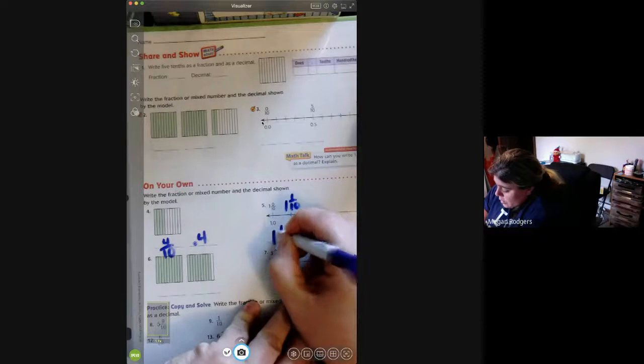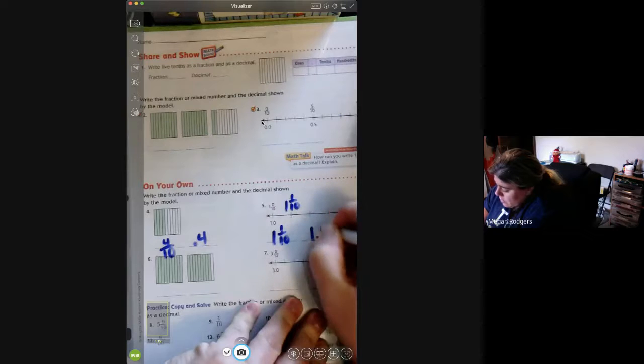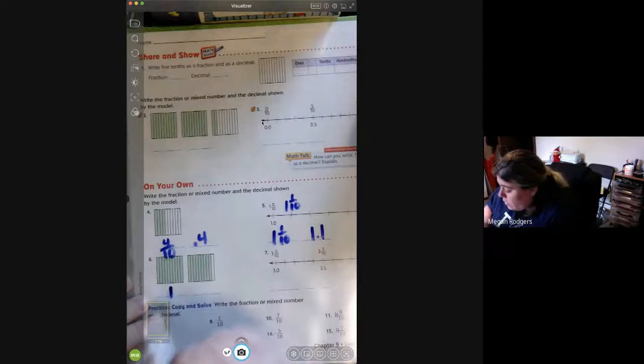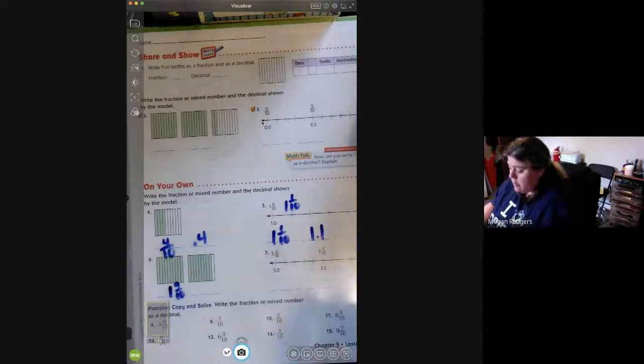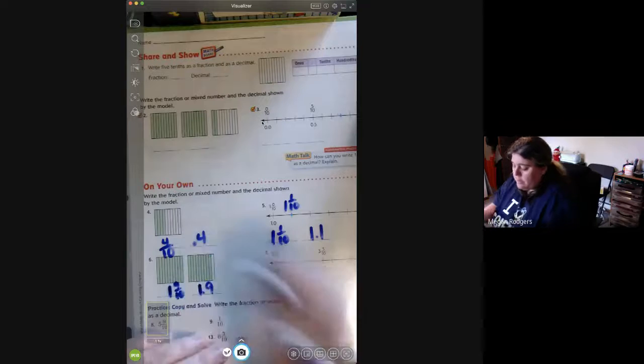So 1 and 1/10 or 1.1. Coloring this 1 whole and 9/10. So this is 1.9. And this seems to be a tenth before 3.5, which tells me it's 3.4, which is 3 and 4/10.